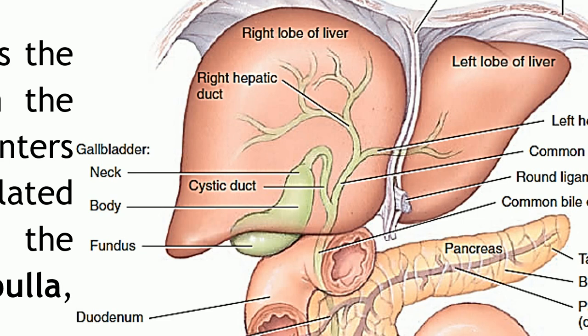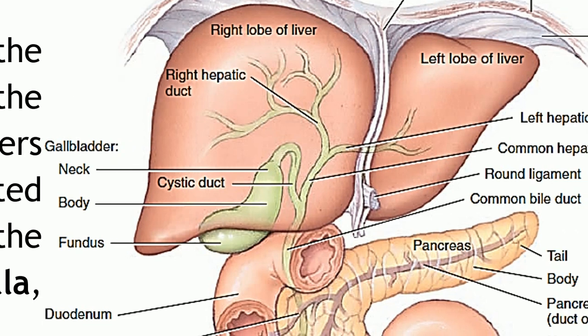Now there are two ducts coming from the two different lobes. Of course we will study about the liver also in detail in the next lecture. For now just keep in mind what are the different types of ducts which are carrying the secretions of the liver to the intestine, that is the hepatic ducts. These are known as hepatic ducts.